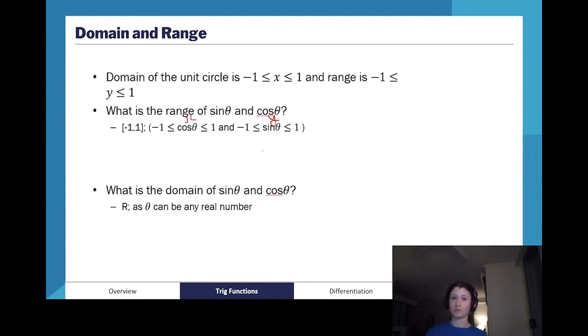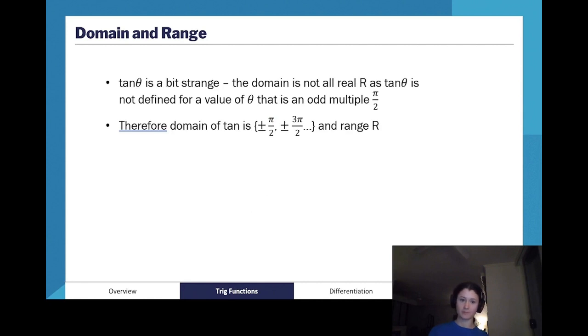Just in case you're confused, real number means anything you've ever dealt with in methods. If you're in specialist and you've gotten on to imaginary complex numbers, those are not included as real numbers, but in methods, any number you've ever looked at is a real number. So don't worry about that.